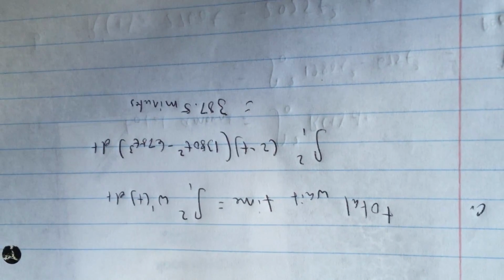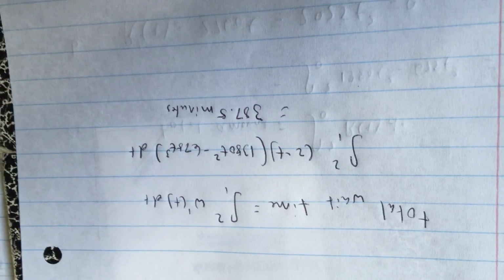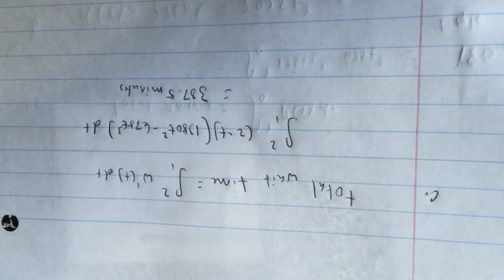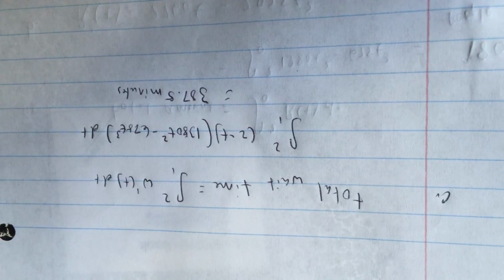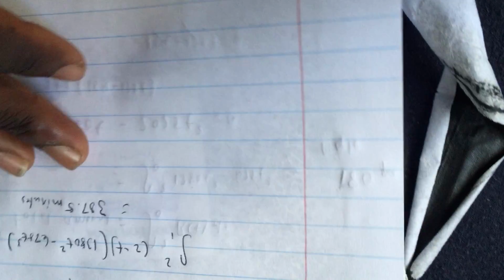Essentially, we just found the integral of the rate, which is the total amount: 387.5 minutes of total wait time for people who entered the auditorium after time t equals 1.